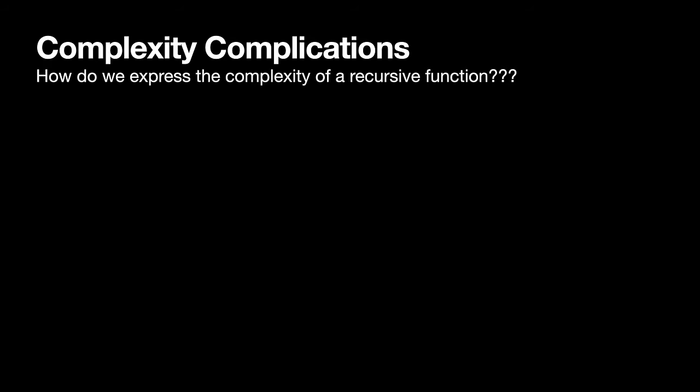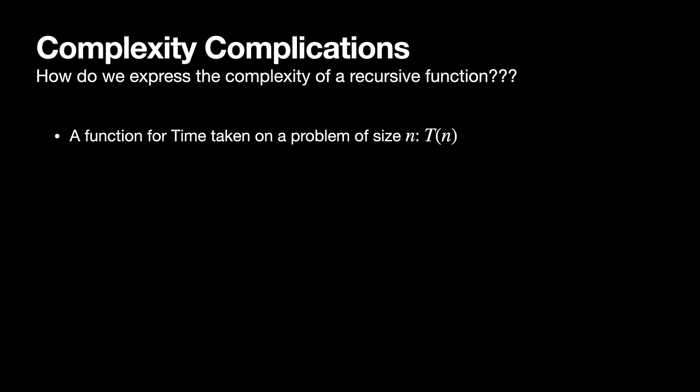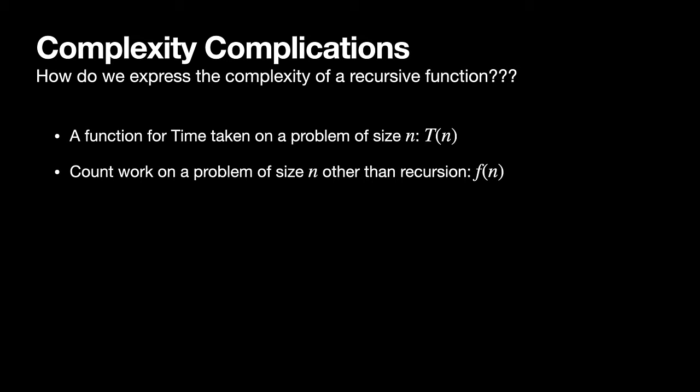So we've got these 3 different terms that we're going to be using. T of n represents the time taken on a problem of size n. f of n represents the amount of work we have to do at an instance of size n outside of the recursive process. And finally, g of n represents how much smaller the problem of size n gets for the recursion.